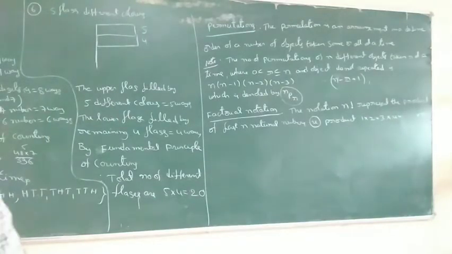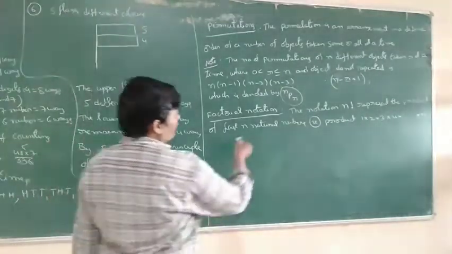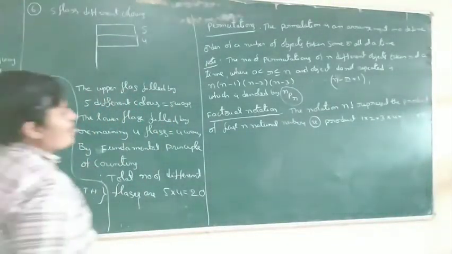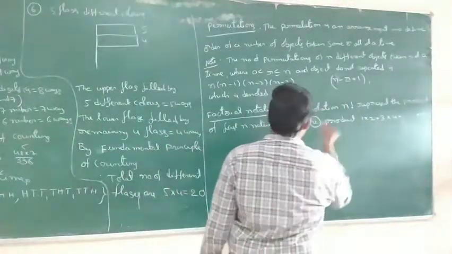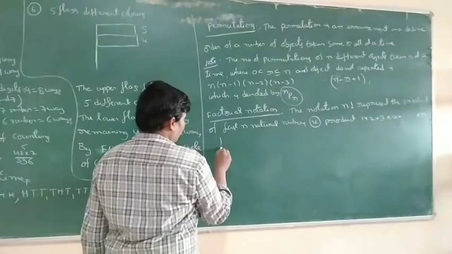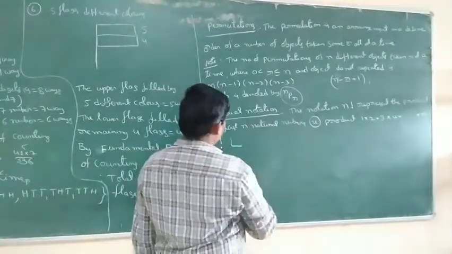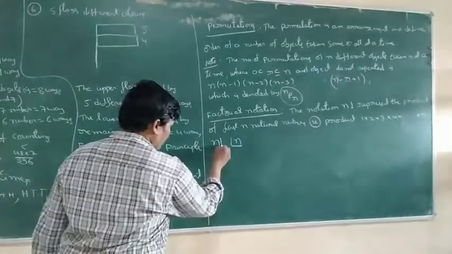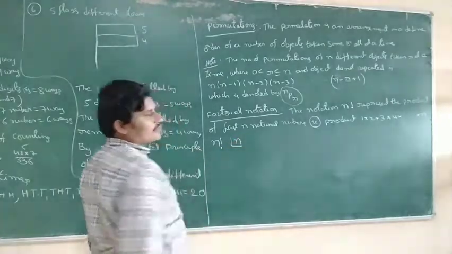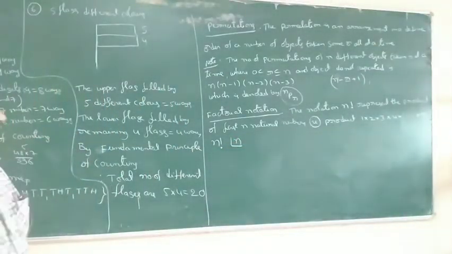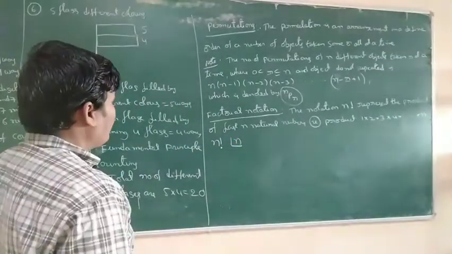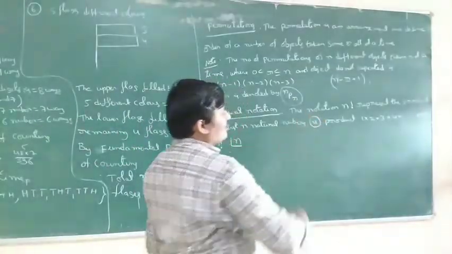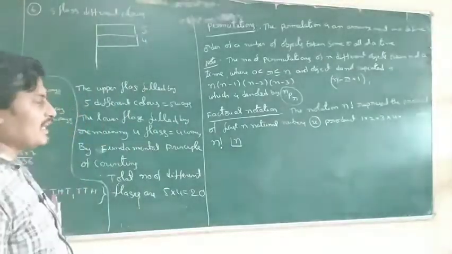Now, factorial notation. The notation n factorial, this is the symbol of n factorial, n! or factorial n, both are the same symbols. It represents the product of the first n natural numbers, that is 1 into 2 into 3 and so on up to n.